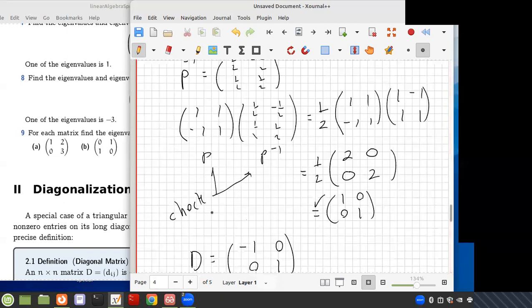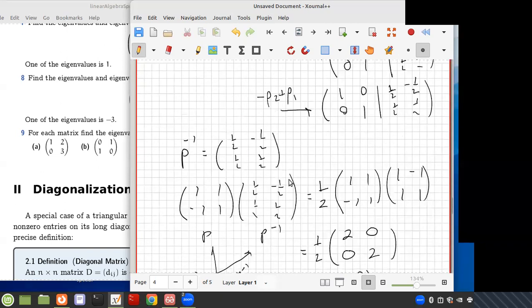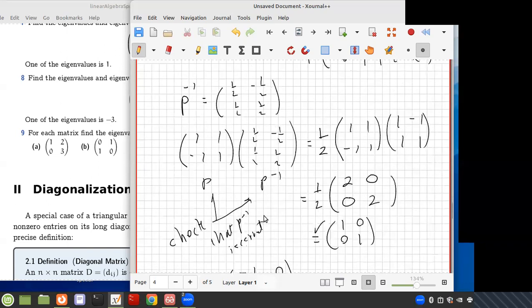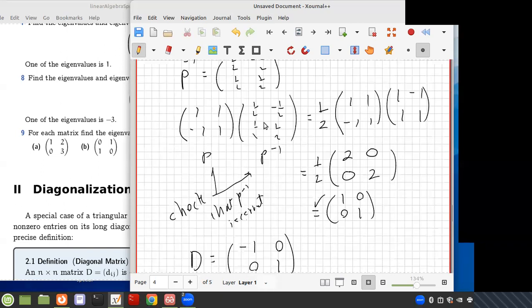This is just a check that P inverse is correct. Because maybe I made some mistake and it looked like it's okay, but I could have made some mistake. So the point was, because I'm going to use that in a further calculation, I wanted to check that I hadn't made a mistake along the way.